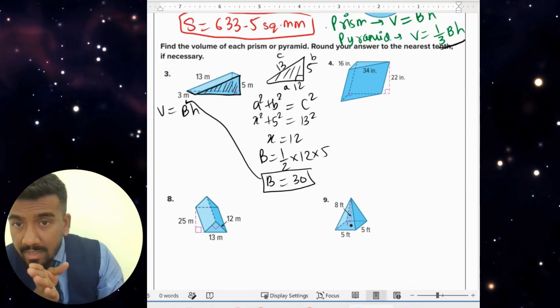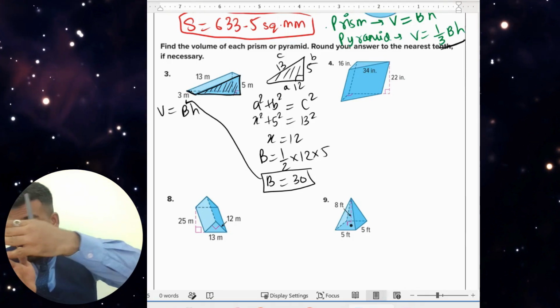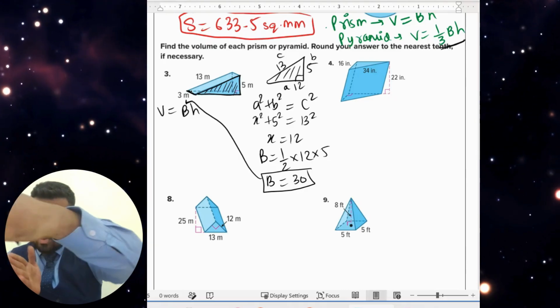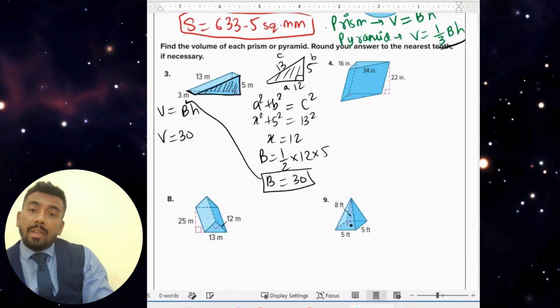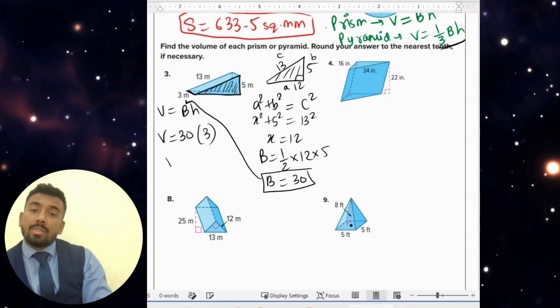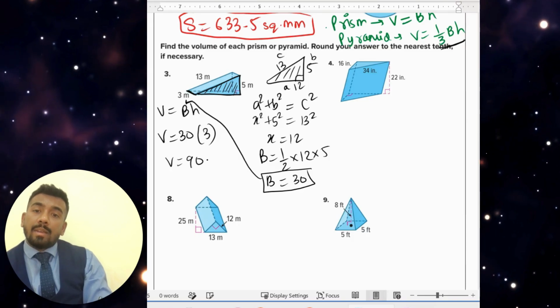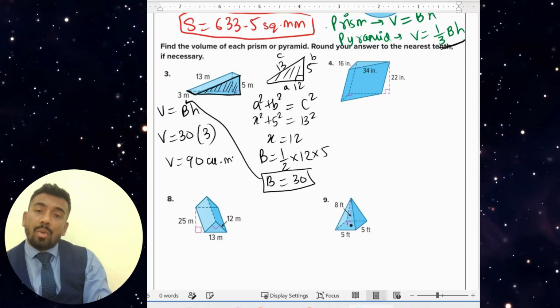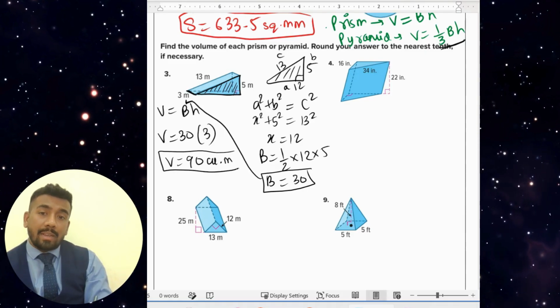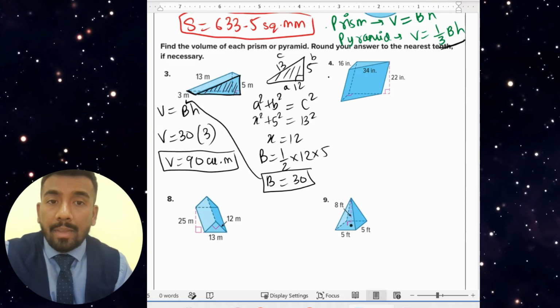The height is this, because the base is going towards this, right? So that's 3. So what's the volume? 30 times 3, that's 90 cubic meter. The volume is always denoted by cubic.